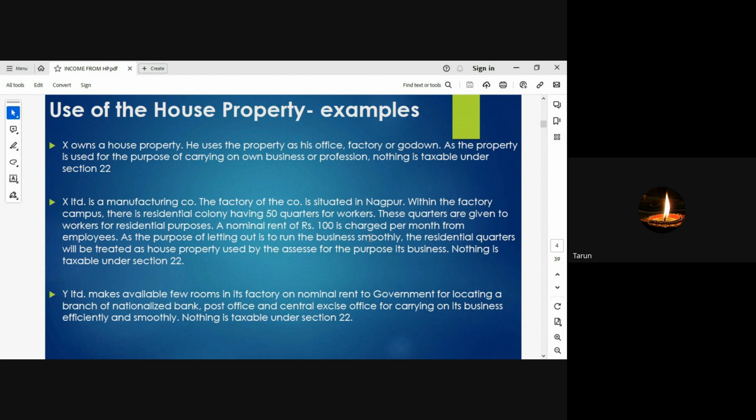Such constructed offices will not be taxable because it is for its own business to run smoothly and efficiently. That means no income will be taxable if an owner lets out such land or properties, either residential or commercial, for its own business. Nothing will be taxable.